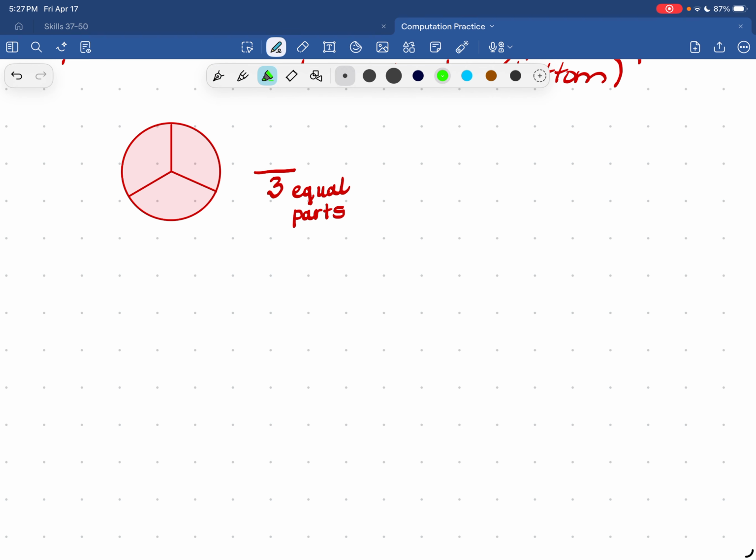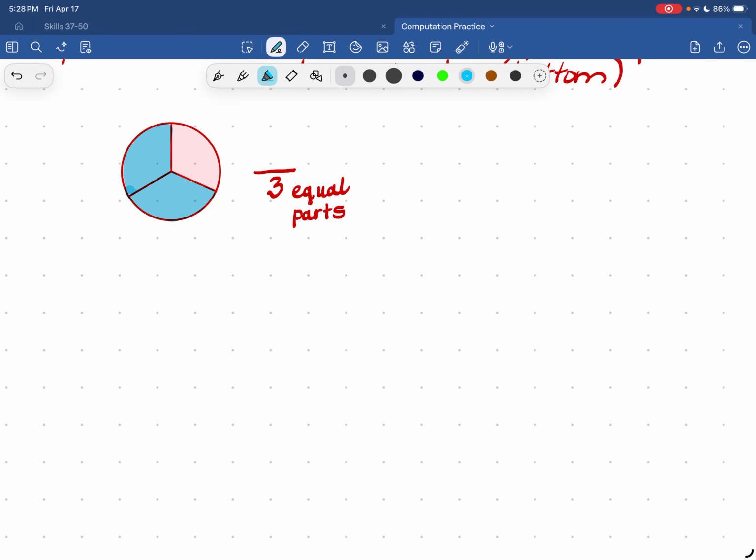Okay, so let me pick up a different color. I think I'll use blue this time. And let's begin to color in the pieces of this pizza. So here's 1/3. 1 out of 3 parts I have colored blue. That would be a proper fraction. Here is 2/3. 2/3 are blue. 2 of the 3 parts are shaded.